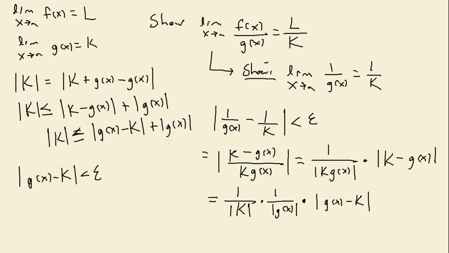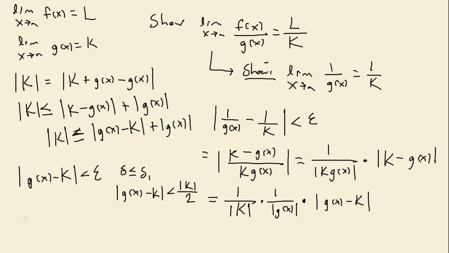and just have an expression for g of x. One thing that I could think of would be, if delta is less than or equal to delta 1, then the absolute value of g of x minus k, we could say, would be less than the absolute value of k over 2.